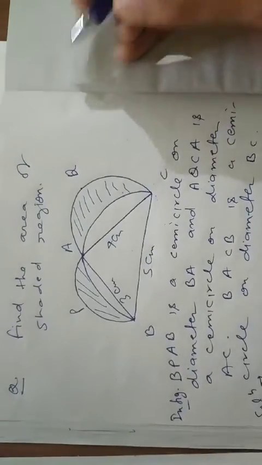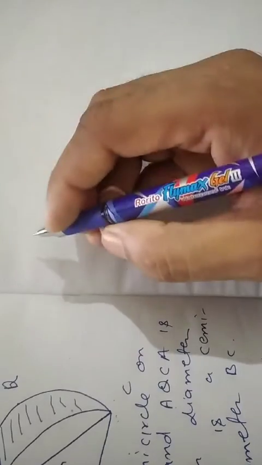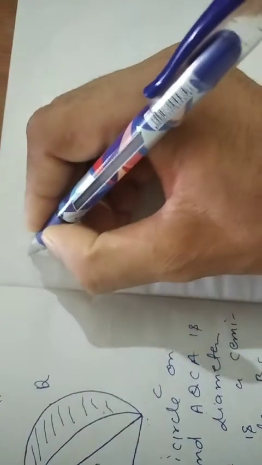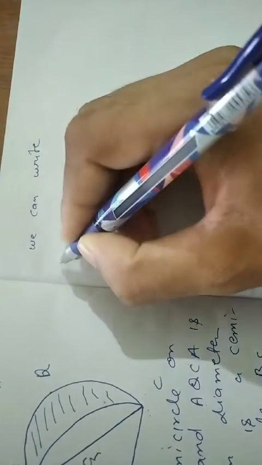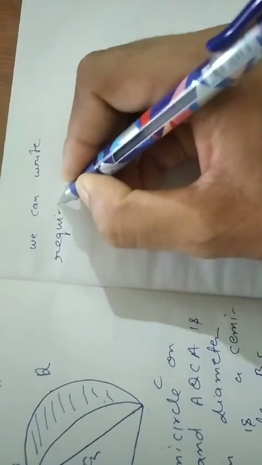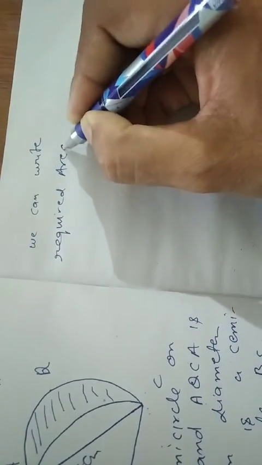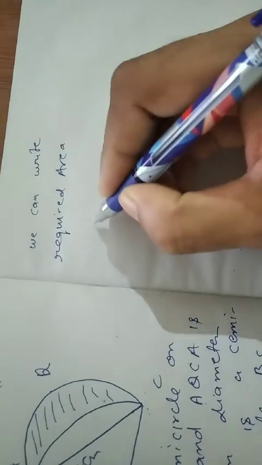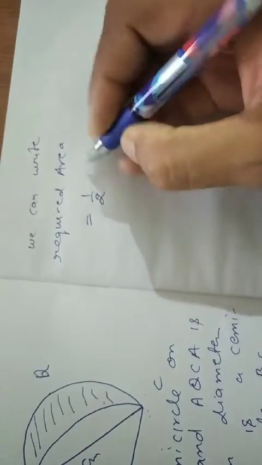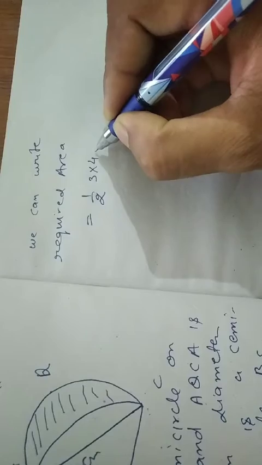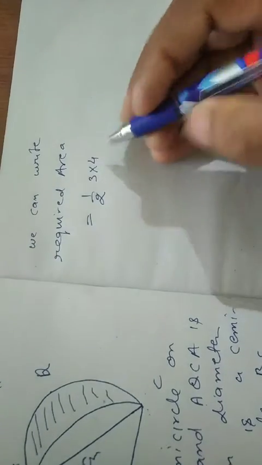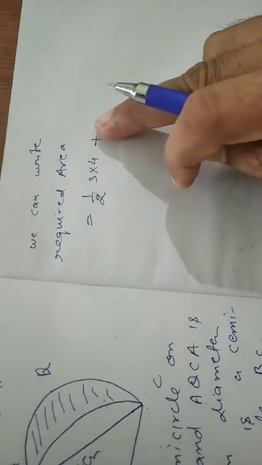So, the required area is equal to 1 by 2 into 3 into 4 square centimeter, this is the area of the triangle, plus area of semicircle on BA.